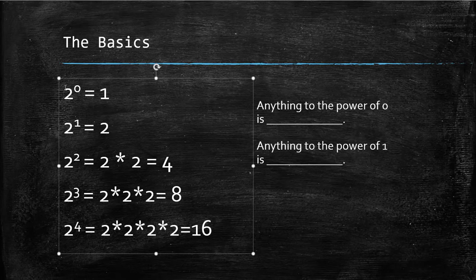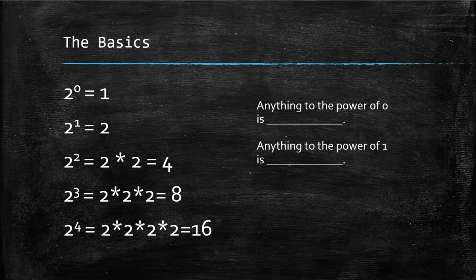And we can also talk about this rule, 2 to the power of 0 is 1. That's also generalizable. So anything to the power of 0 is 1. Let me repeat that for you. Anything to the power of 0 is 1. So 19 to the power of 0 is 1, and square to the power of 0 is 1, and unicorn to the power of 0 is also 1.